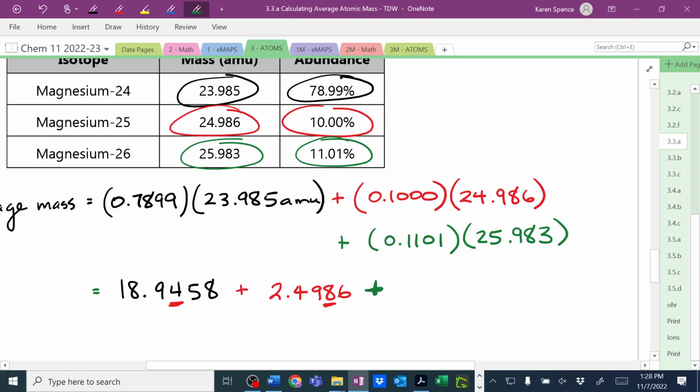And then 0.1101 times 25.983, and we get 2.8607.273, sorry. And that's going to go to 4 sig figs, so that's our uncertain digit there.